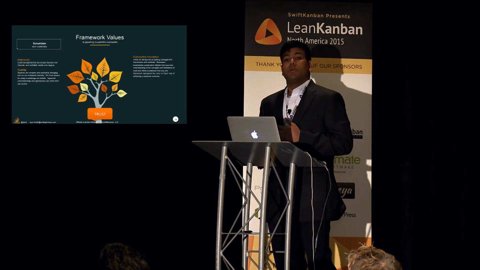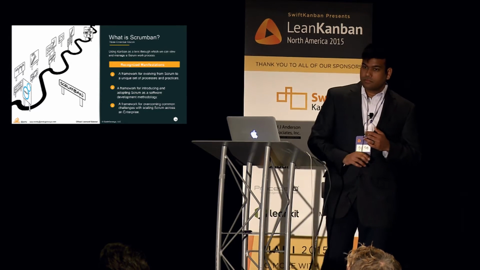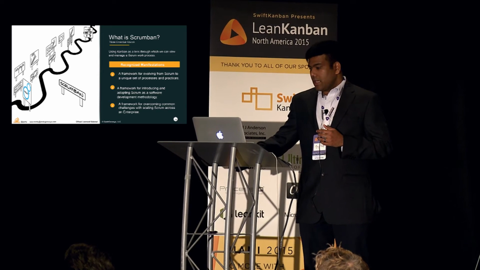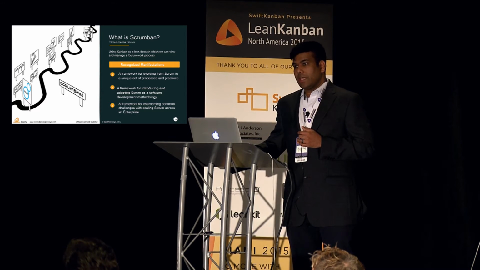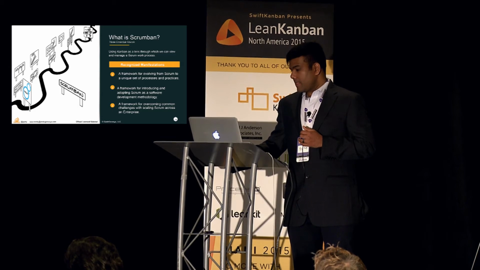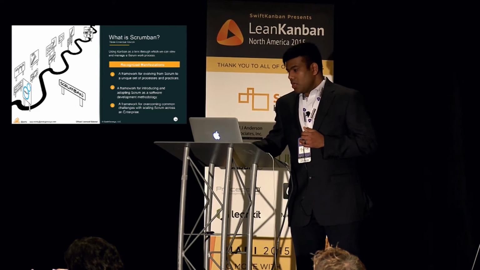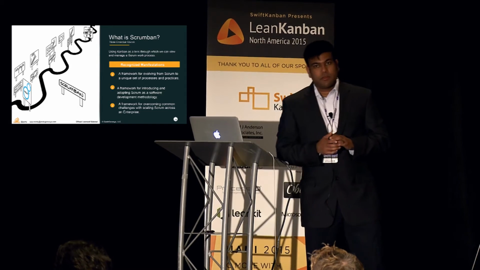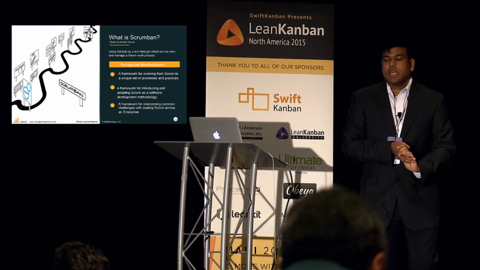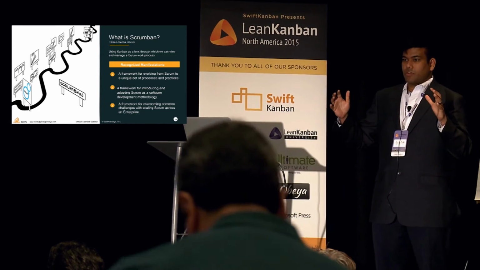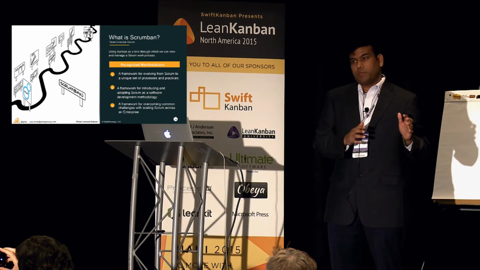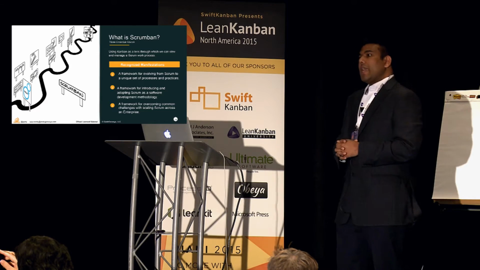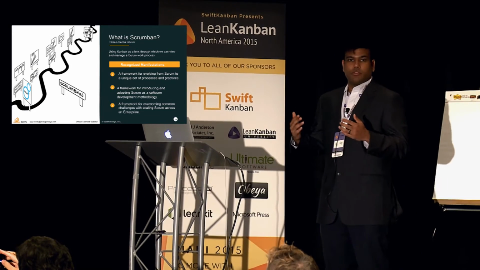So then what is Scrumban? Scrumban is the application of the Kanban method in a Scrum context. We see three specific flavors of it. First is the amplification of Scrum. In other words, you have a starting Scrum context, you've been working through that, and you encounter issues, patterns, or problems.